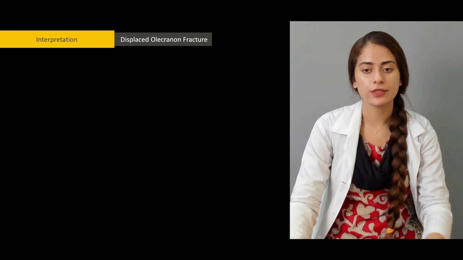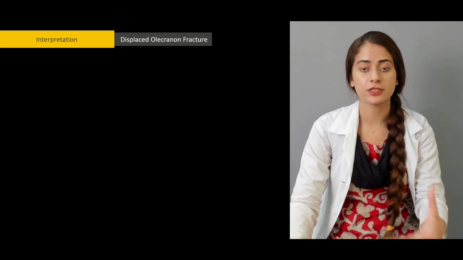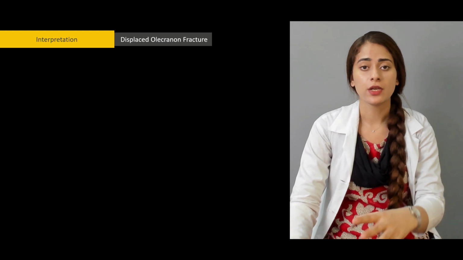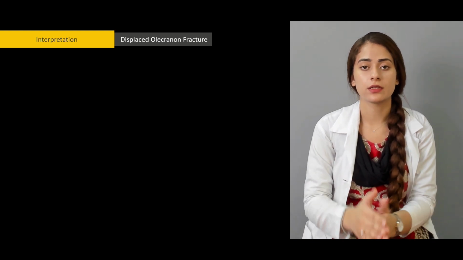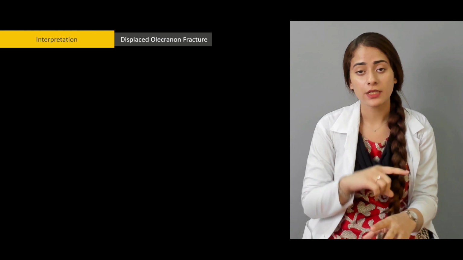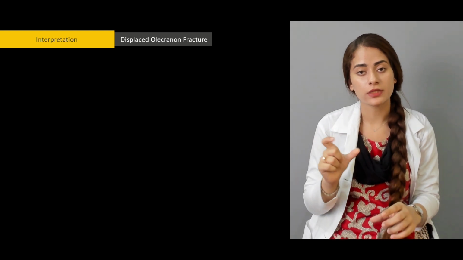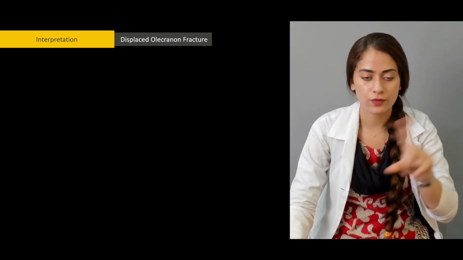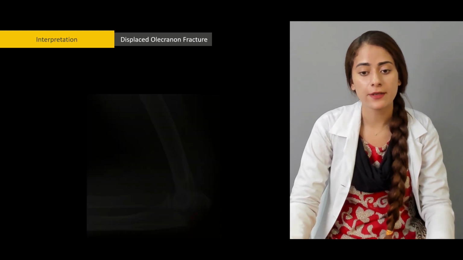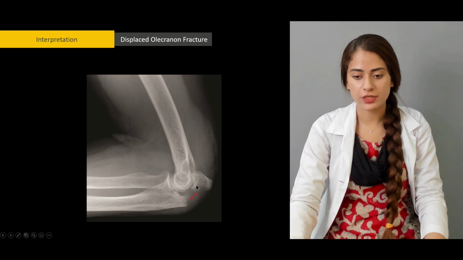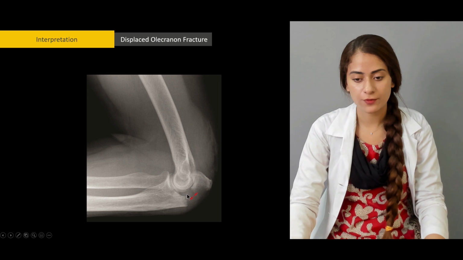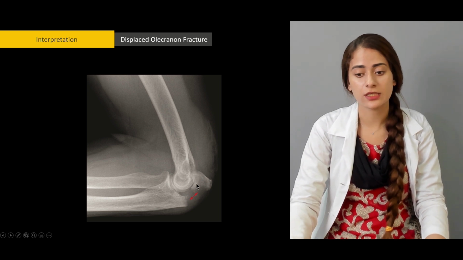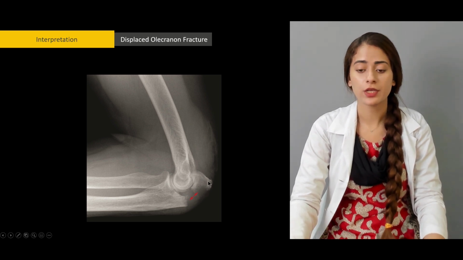Now we will talk about the displaced olecranon fracture. Olecranon process is actually a process of the ulna. The proximal ulna portion is known as olecranon process, which we visualized on the X-ray, and let's do it again. So this portion right here is known as the olecranon, right? And if it is fractured and displaced, this is a displaced olecranon fracture.